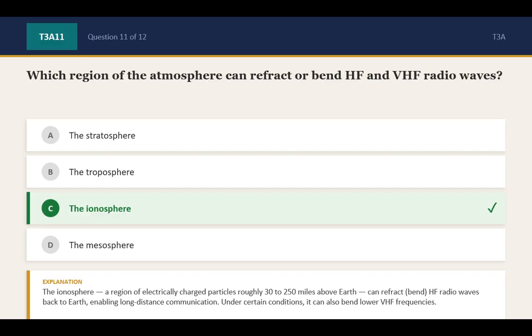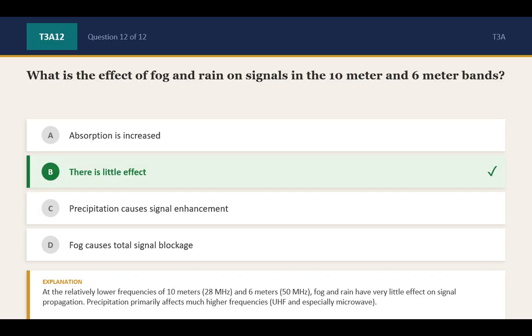It can also bend lower VHF frequencies. What is the effect of fog and rain on signals in the 10-meter and 6-meter band? B. There is little effect. At the relatively lower frequencies of 10 meters, 28 megahertz, and 6 meters, 50 megahertz, fog and rain have very little effect on signal propagation. Precipitation primarily affects much higher frequencies, UHF and especially microwave.